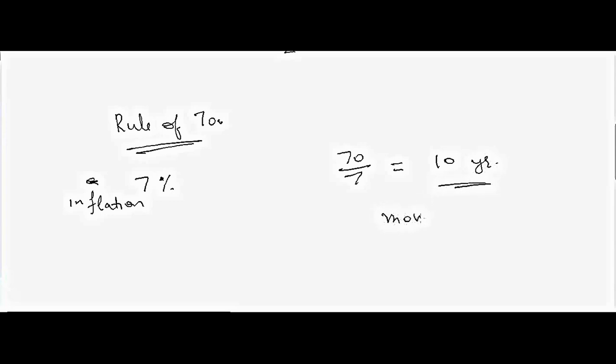So money value is equal to half. You can do this in an accurate way by doing 1.07 raised to power 10, and that will be approximately equal to 0.5. So it takes around 10 years, if the inflation is 7%, for money to be half.